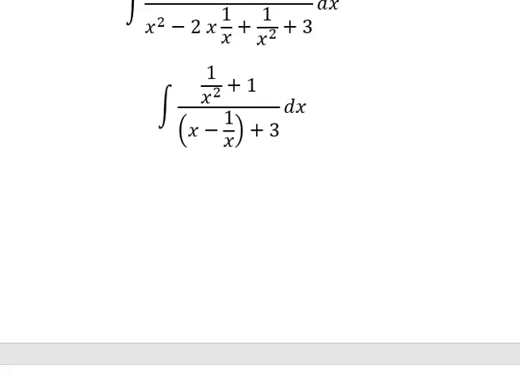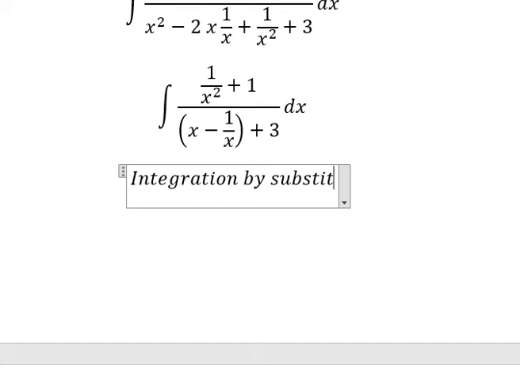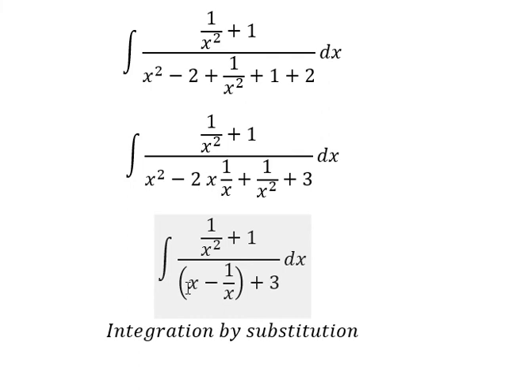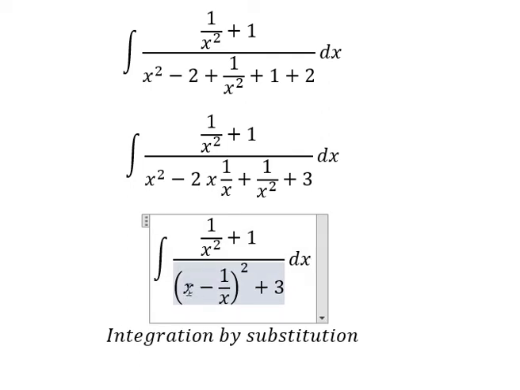Next, we need to use about integration by substitution. So I will put about u equals to this one.